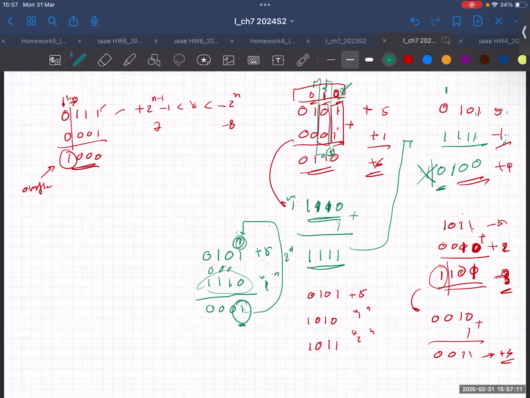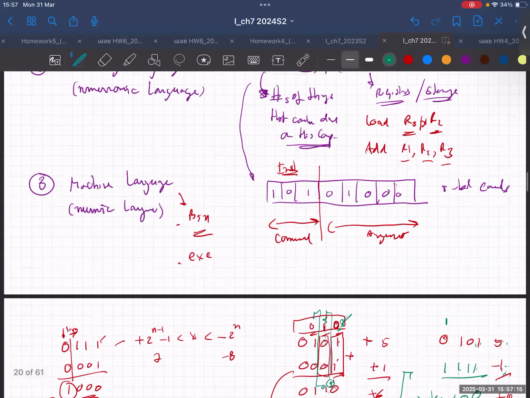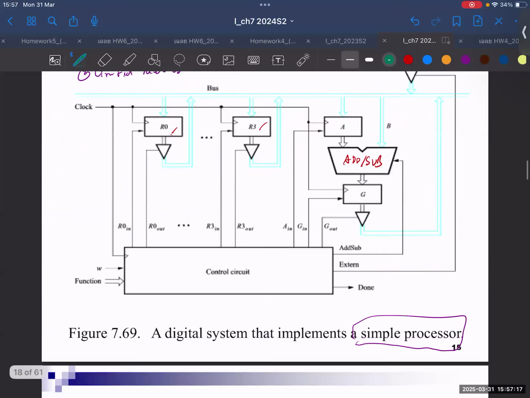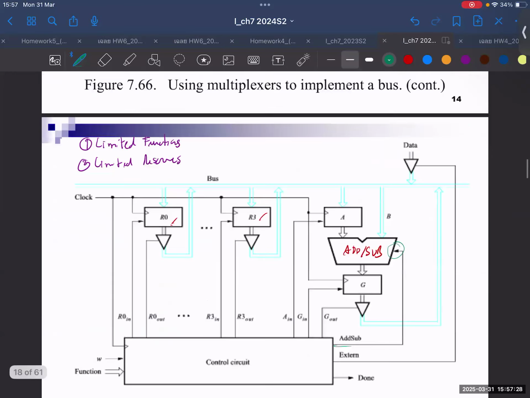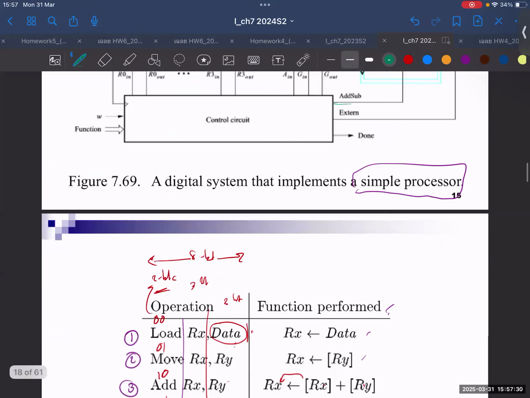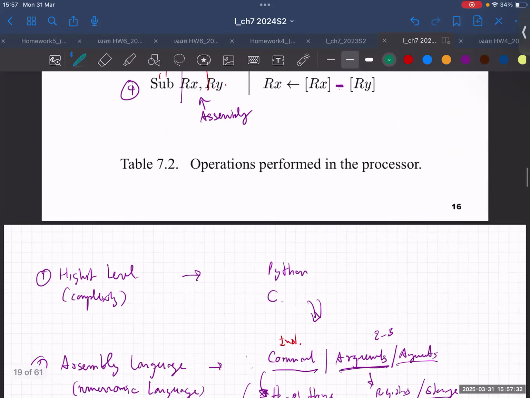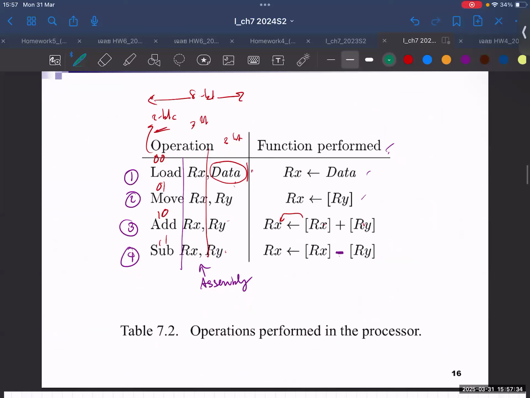You just 0 0 0 1. Okay, so that's why here we need to subtract here, and A and B can do simple stuff. Okay, so that's how you explain it, that you can do this.